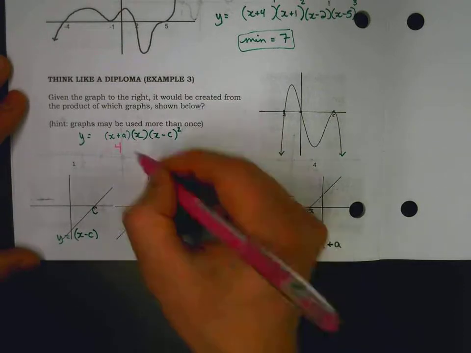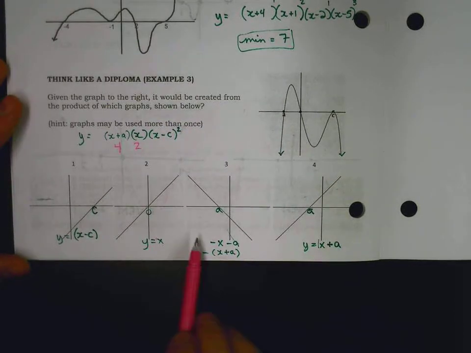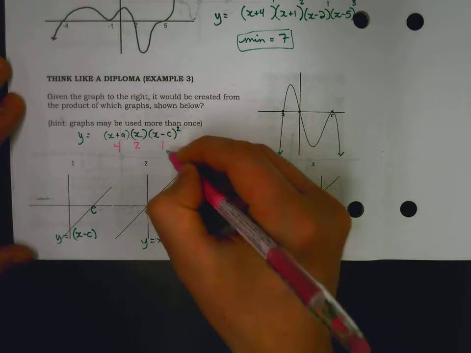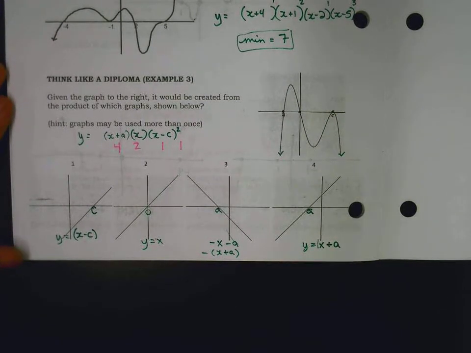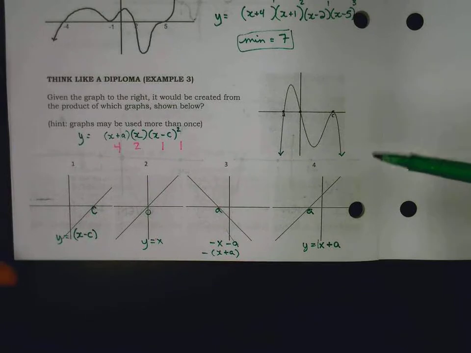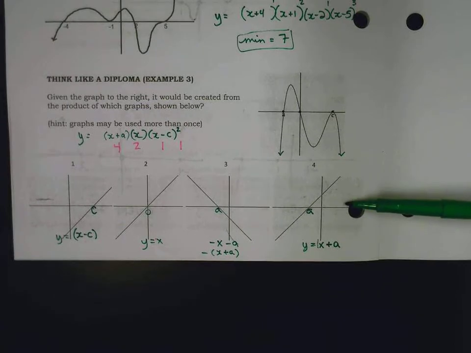X is 2. And what is x minus c? That is graph 1, and that's going to graph 1 again. So any combination of 4, 2, 1, 1, or if it was ever asked numerically, you'd say 1, 1, 2, 4. But this is an extra challenging question to think about. A polynomial function is technically a composition of multiple functions, multiple factors.